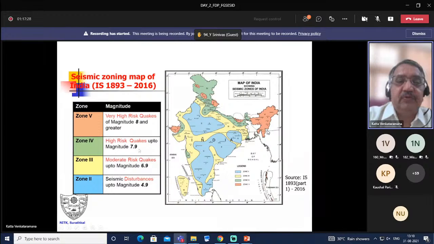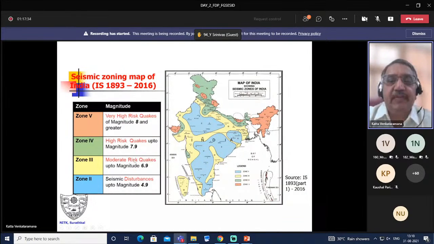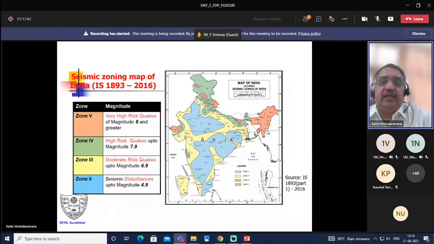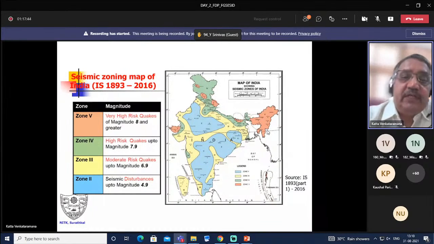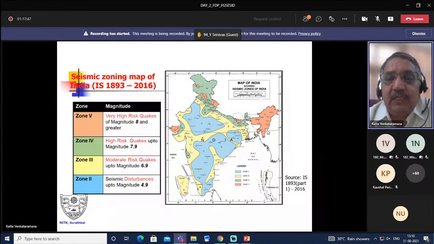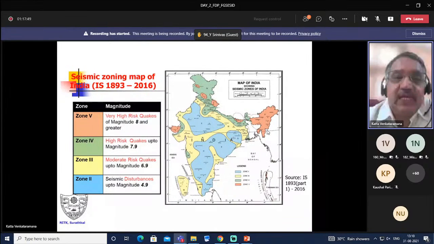Zone 3 moderate, zone 4 high risk zone, zone 5 very high risk zone. So about 58%, or almost 60% of our country comes under moderate to very high risk zone. So it is very much essential that we consider earthquake resistant features while designing the structures.